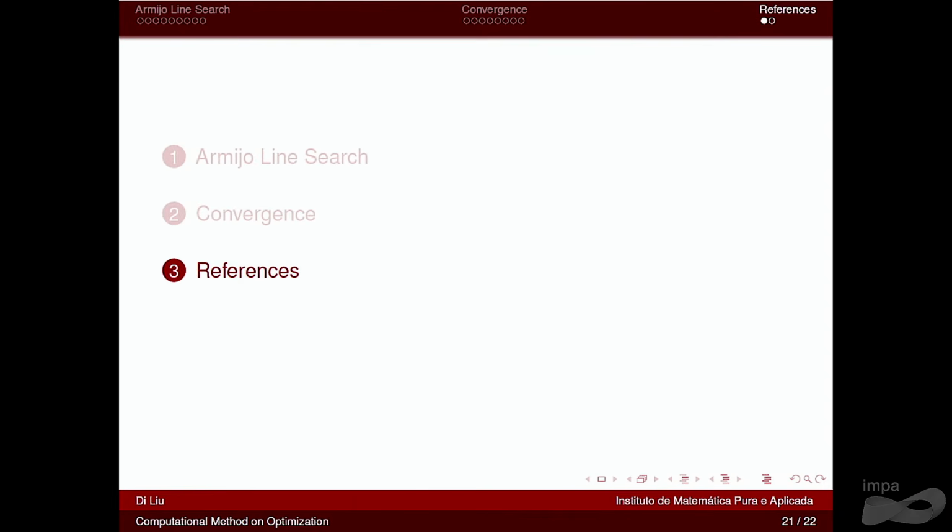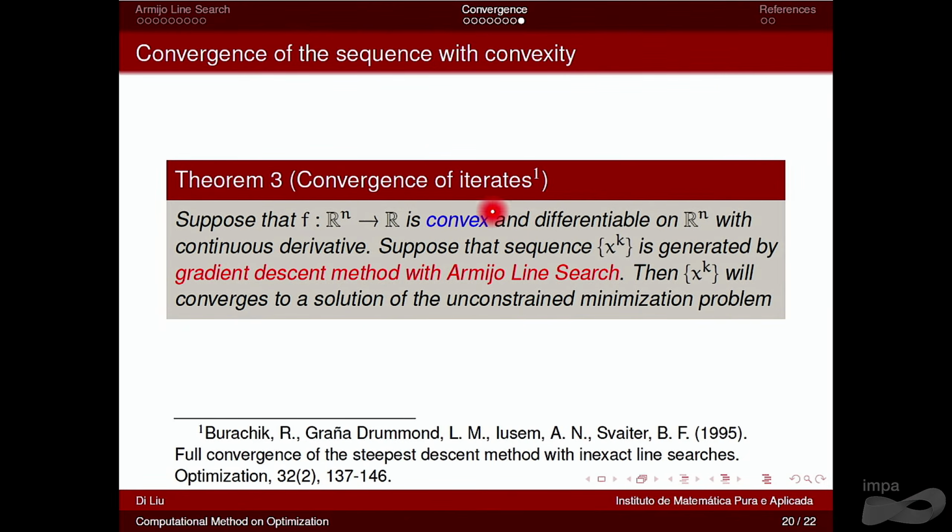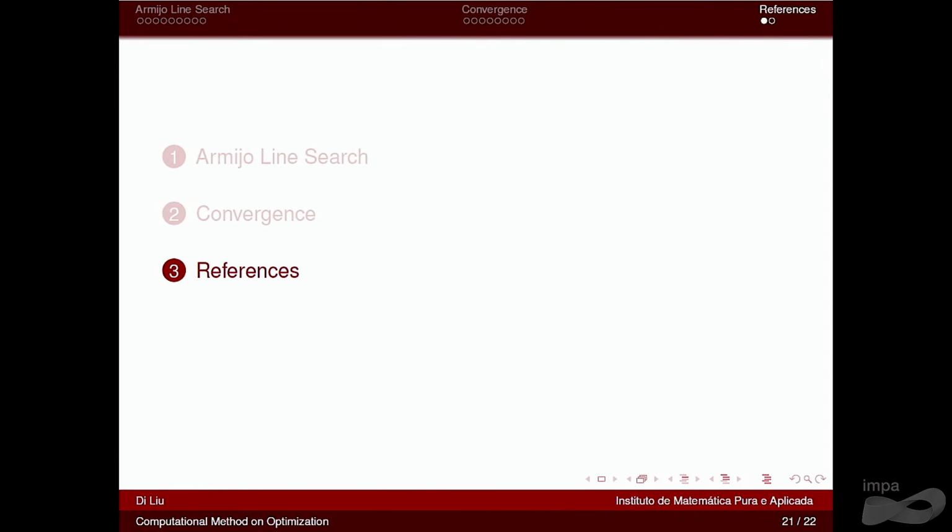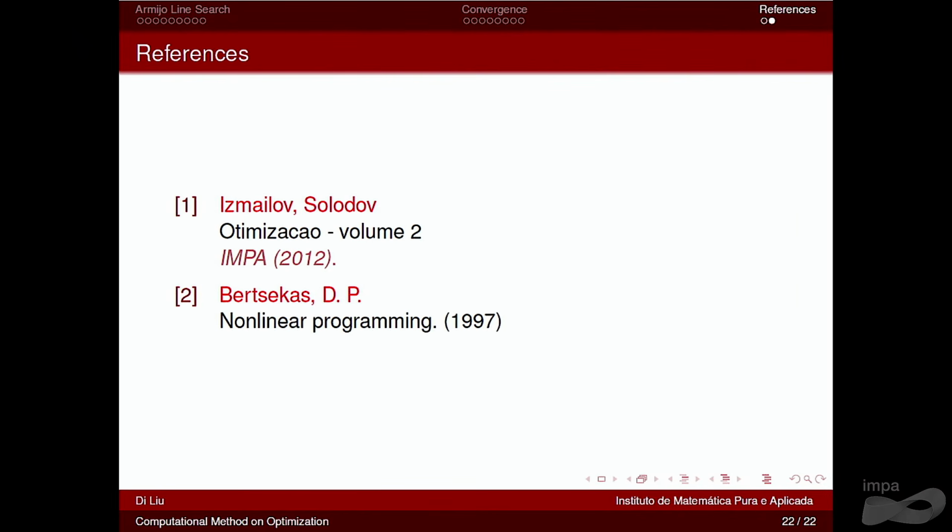But the analysis in this paper is in the Hilbert space, if I'm not wrong. And also I give you a reference about Bertsekas. You can find very good analysis about the convergence of Armijo line search in this Nonlinear Programming. Okay, this is what I'm going to talk about today.